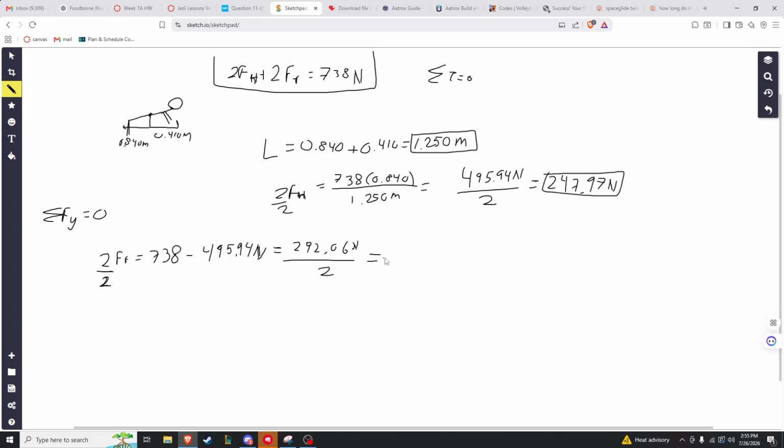This comes out to 121.03 newtons, and this is for each foot.